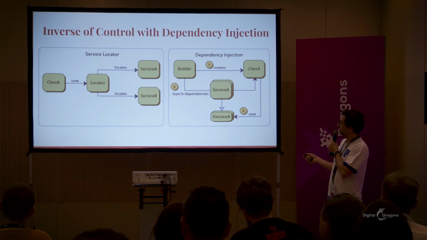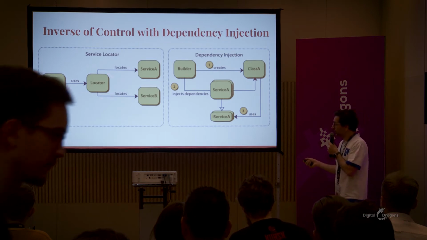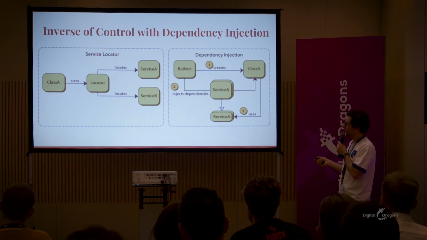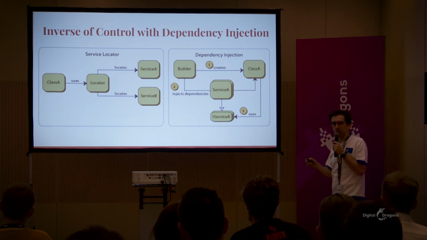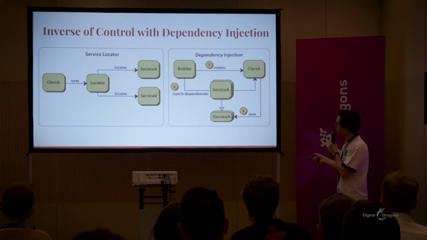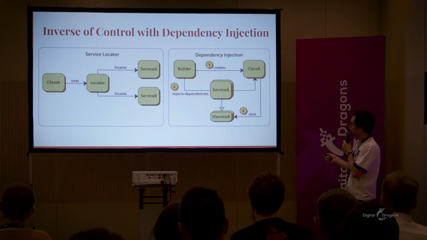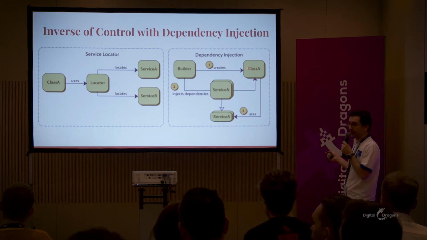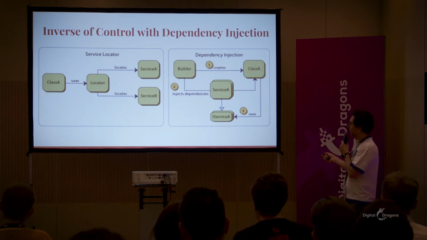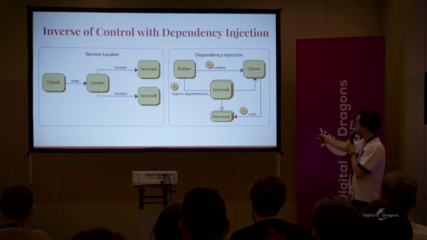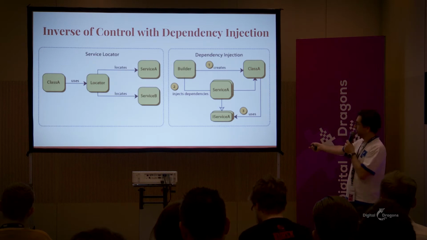The inversion of control with dependency injection is giving us, instead of this service locator approach, which is very similar to singletons, a class which is going to be in charge of creating a class specifically on our game, and injecting a specific service into the class. So this class can be reusable in many games.